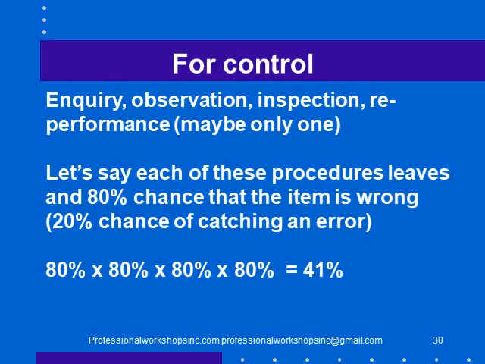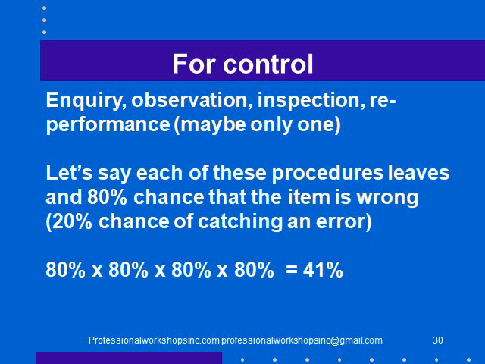Now, for control: inquiry, observation, inspection, and reperformance. Maybe we're only doing one because inquiry works really well. But if we're doing inquiry, observation, inspection, and reperformance of only one transaction, and we conclude, you know what, none of these particularly give me a lot of assurance, there's still an 80% chance that the item is wrong.